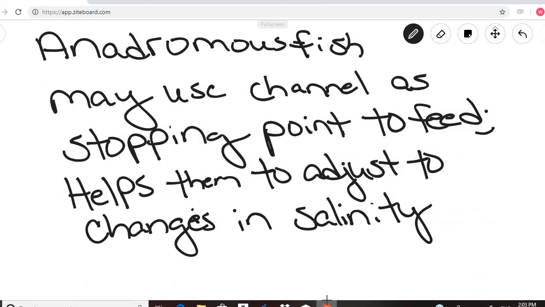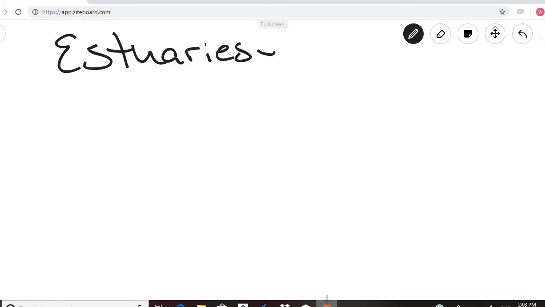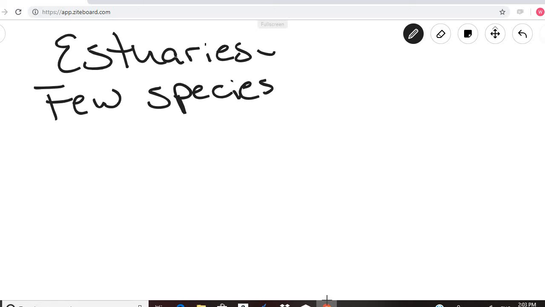So in general, what we would say about estuaries is that they have few species, but a lot of organisms, because the species that are there are present in large numbers.